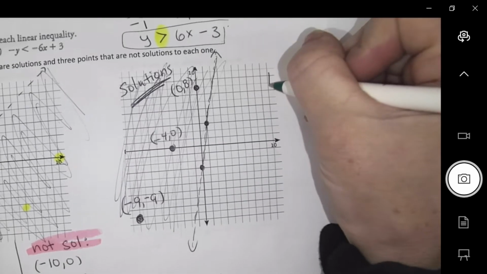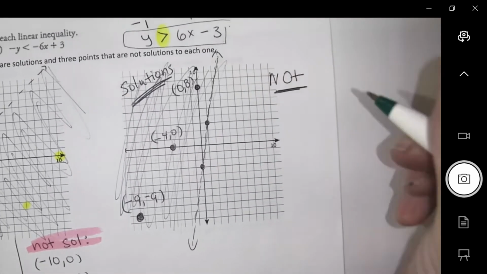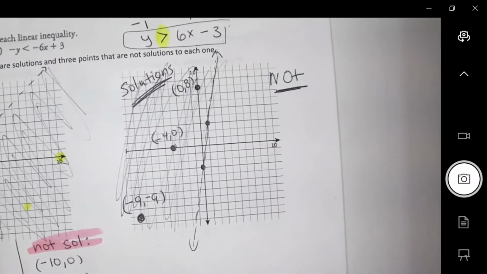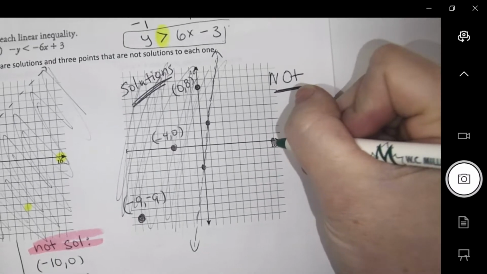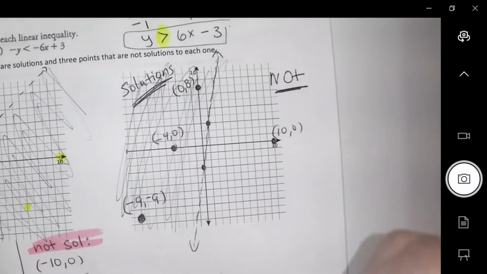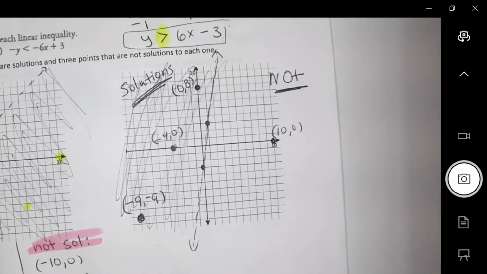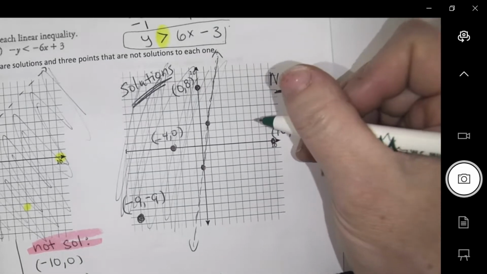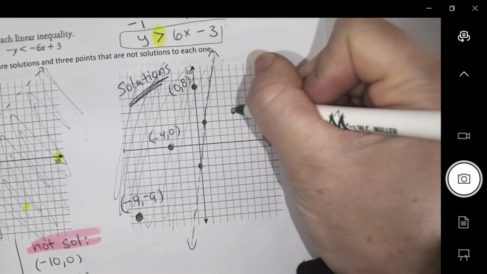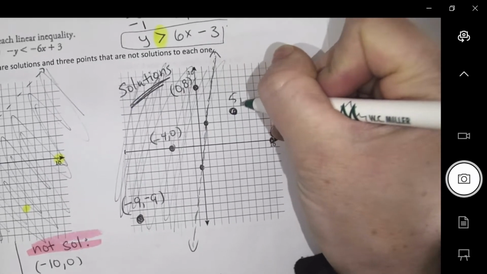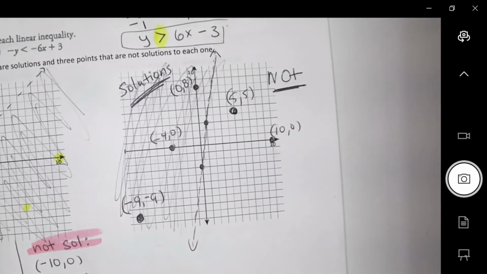Okay, what is not a solution? So anything on this side is not a solution. So for instance, 10, 0, not a solution. 5, 5 would not be a solution.